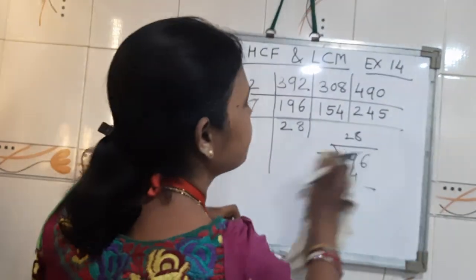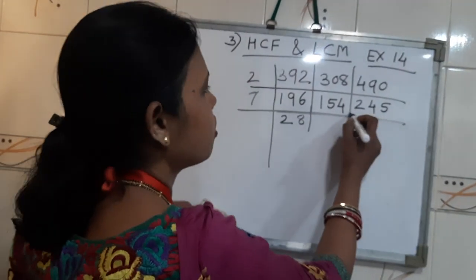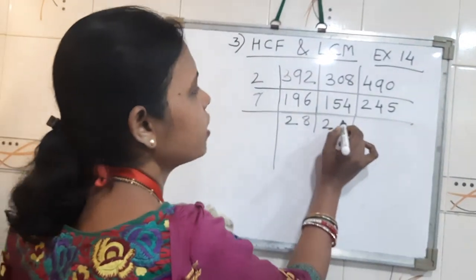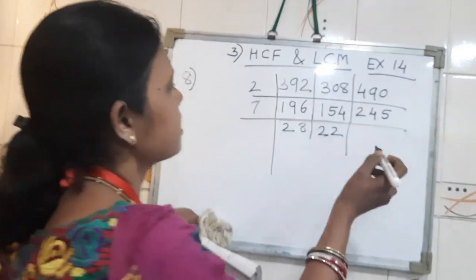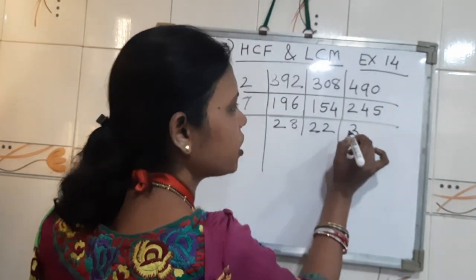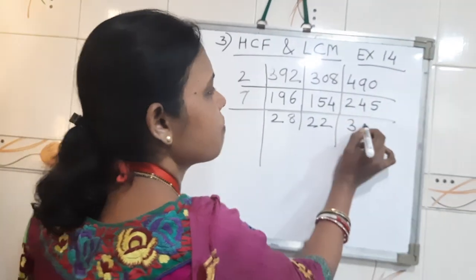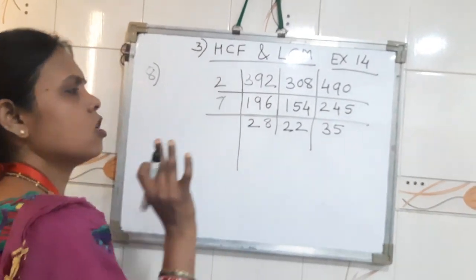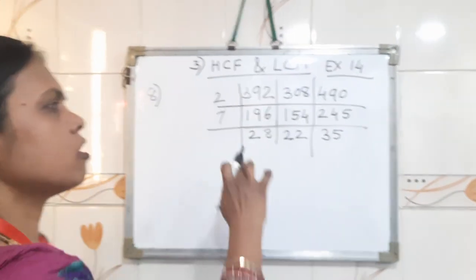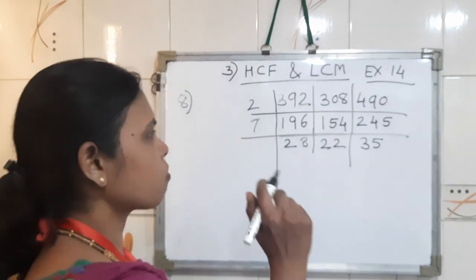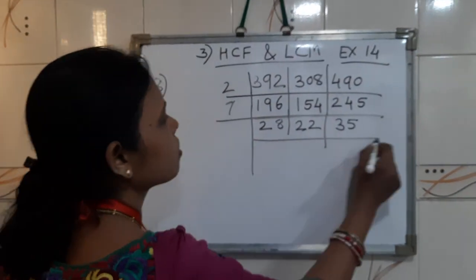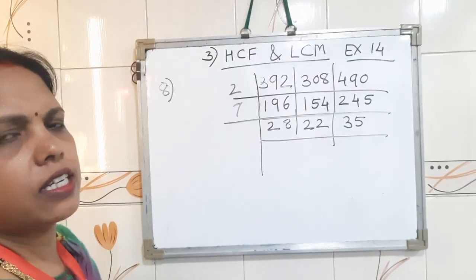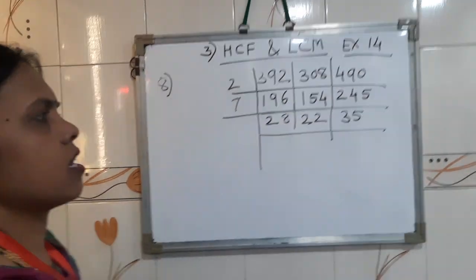The next one: 7 2 are 14, 7 2 are 14. Next number 7 3 are 21, 3 5, 7 5 are 35. Now here we can see no number is there which will divide all 3 numbers. That's why we will stop here, where we are getting only the common divisors, that is 2 and 7.